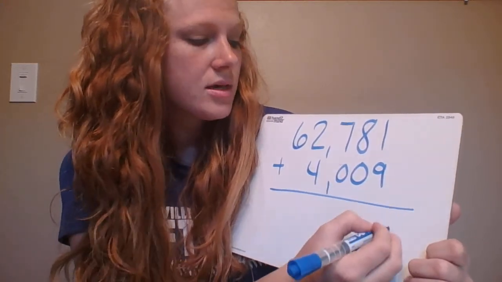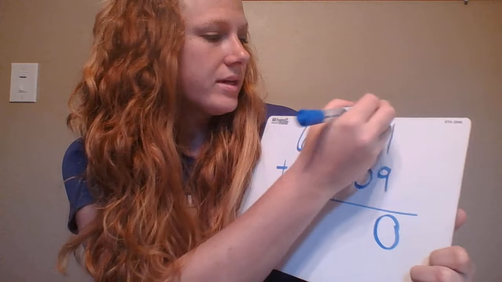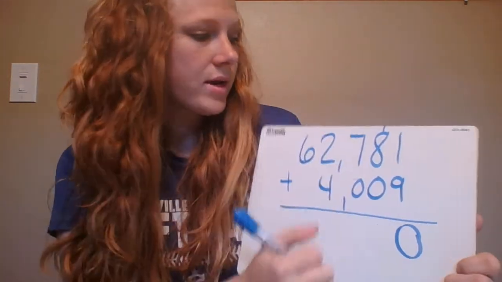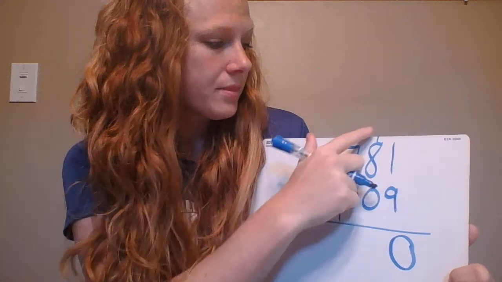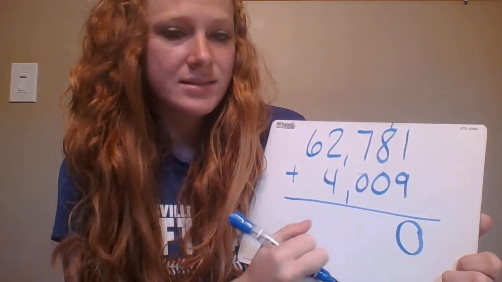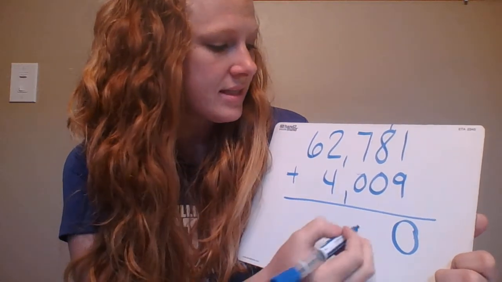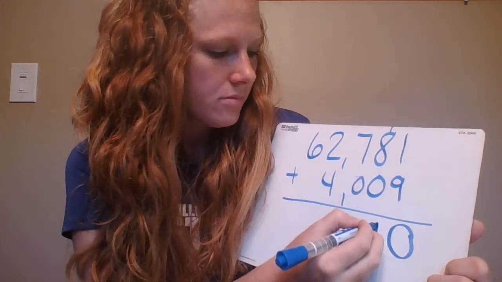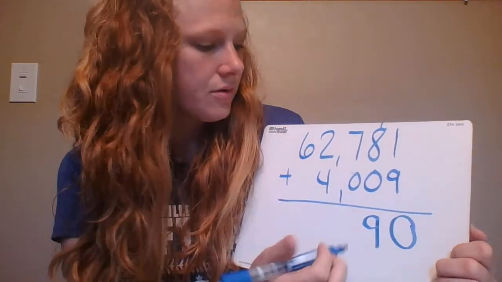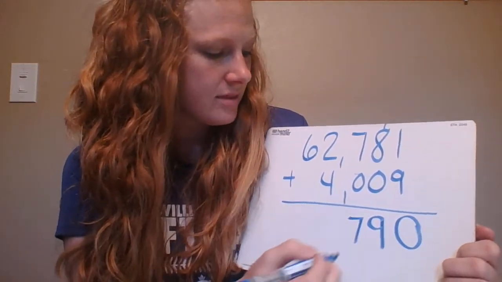10, or 10. We write our 0 here, we carry our 1, escribe 0 aquí, escribe uno aquí. 1 plus 8, uno más 8, which is 9, or 9. And then add 0, so más 0, which is still 9. Then we do 7 plus 0, 7 más 0, which is 7.